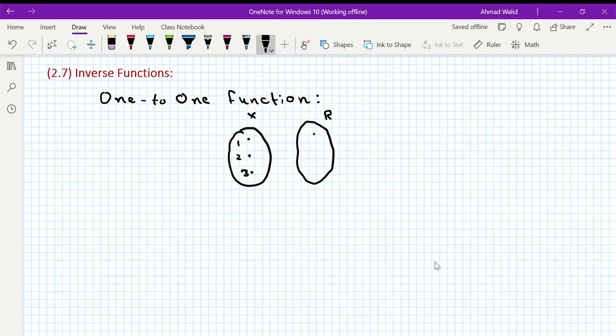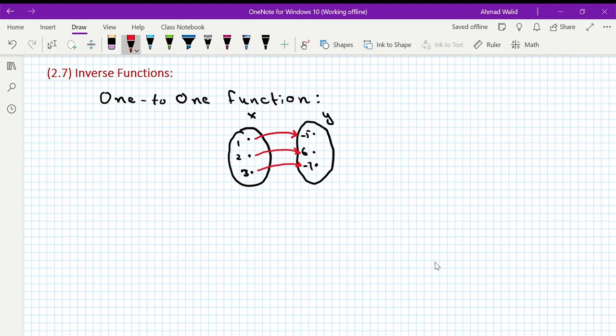You may say, yeah, it was the same definition for the functions, but I'll explain something else here also for you. Let me change the range to Y. For every element in the domain, you have only one element in the range.